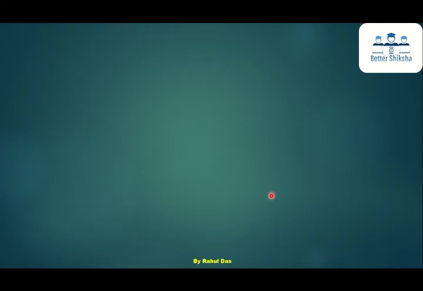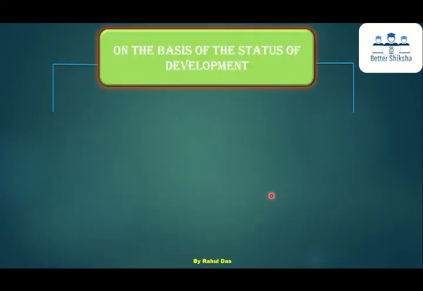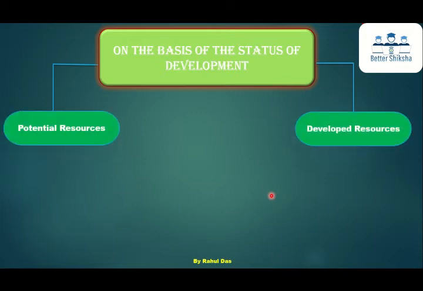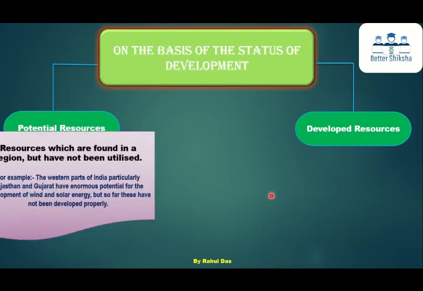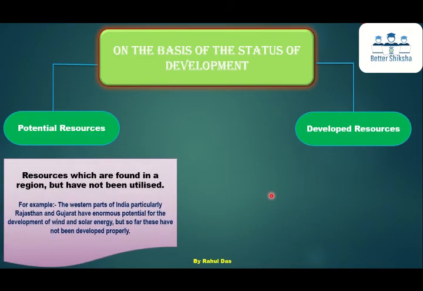We'll move to the next classification, that is on the basis of status of development. The first is potential resources and the second is developed resources. What are potential resources? The resources which are found in a region but have not been utilized.